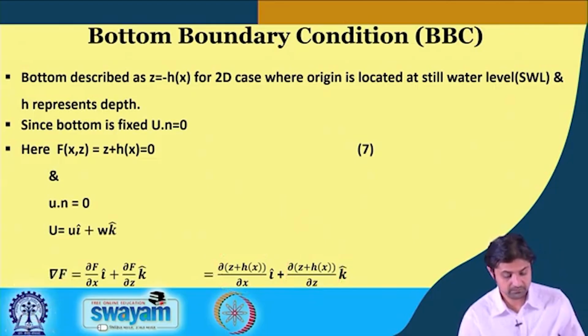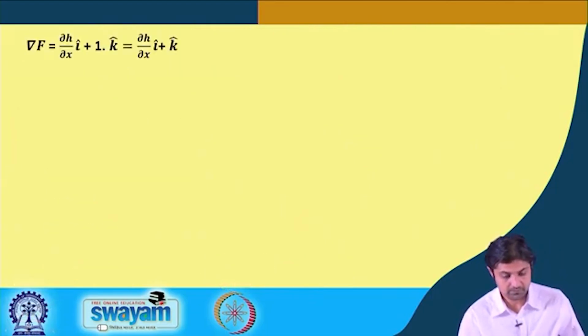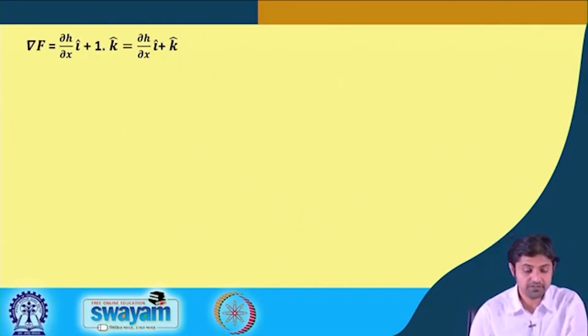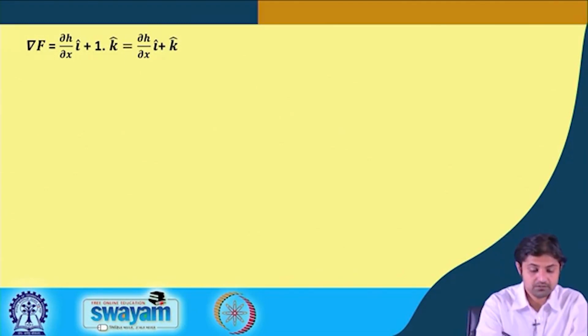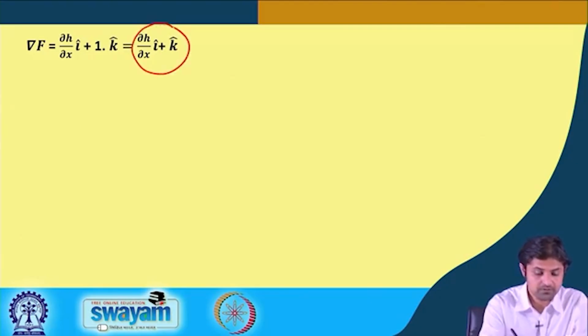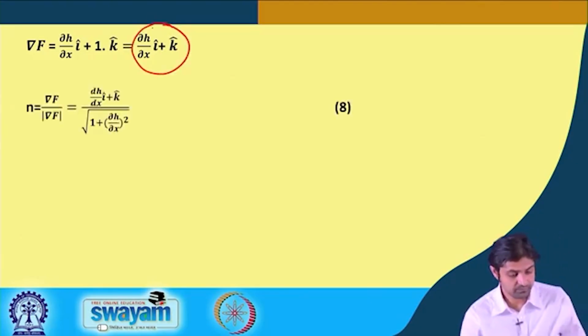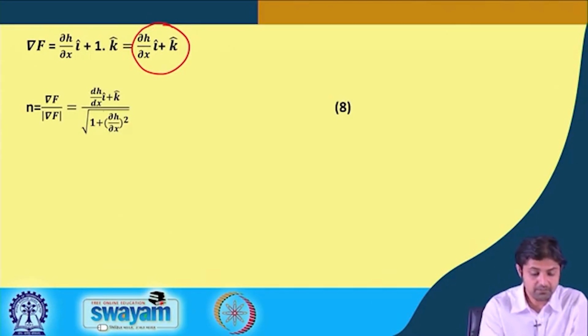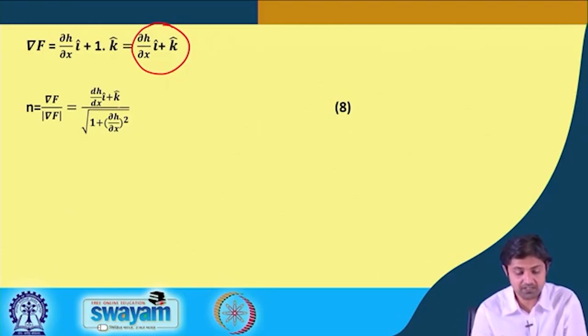So, delta f will be del h del x i cap plus k cap. So, n will be delta f divided by modulus of delta f. We will get dh dx i cap plus k, divided by the square root of 1 plus dh dx whole square, simple mathematics.